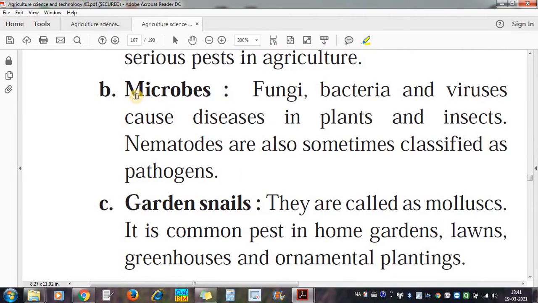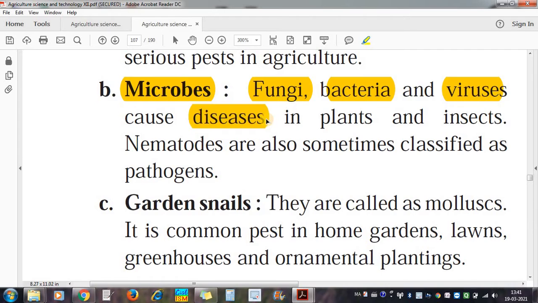Then microorganisms are there, including fungi, bacteria, and different kinds of viruses. All these may cause diseases in plants. Nematodes are also seen in some soils, and they damage the root system.